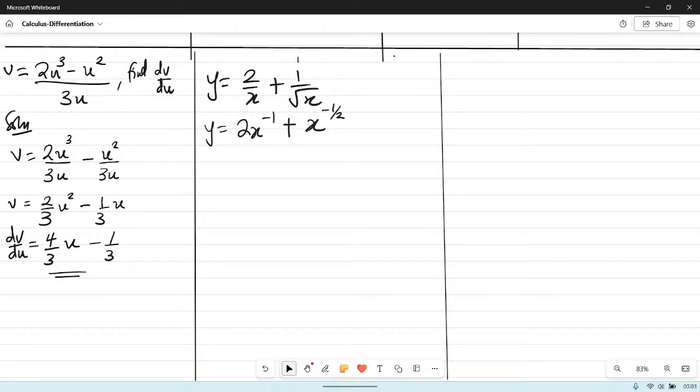Negative 2. Very good. No, it's a negative. Use the calculator. Negative 3 over 2.